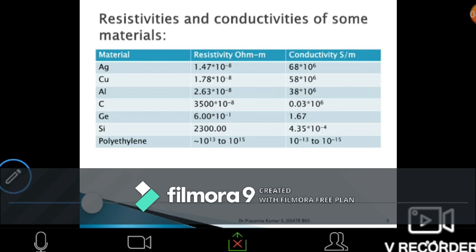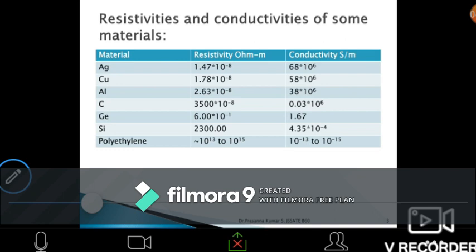The third column represents the conductivity. The resistivity is of the order of minus 8, very small. The conductivity is of the order of 10 to the power of 6. So for metals, resistivity is very small, of the order of minus 8, and the conductivity is of the order of 10 to the power of 6. Carbon is a little different.